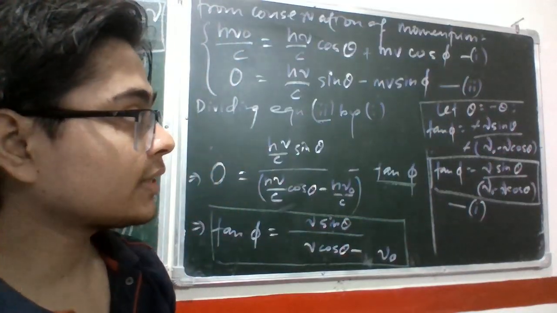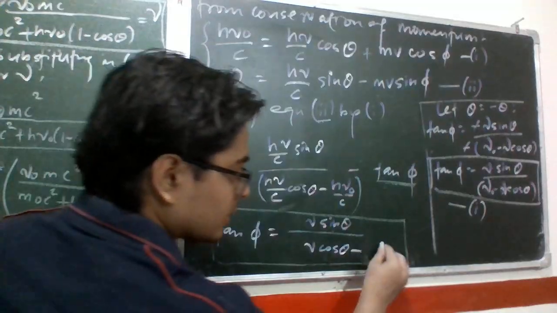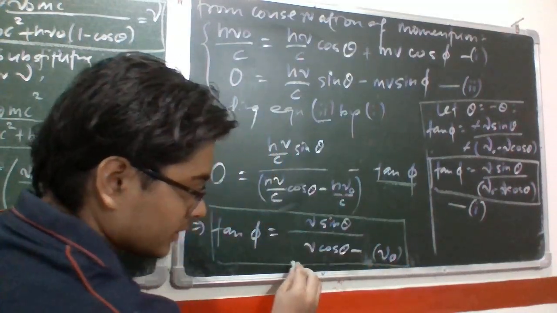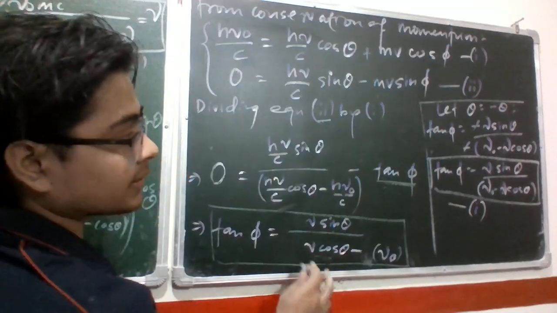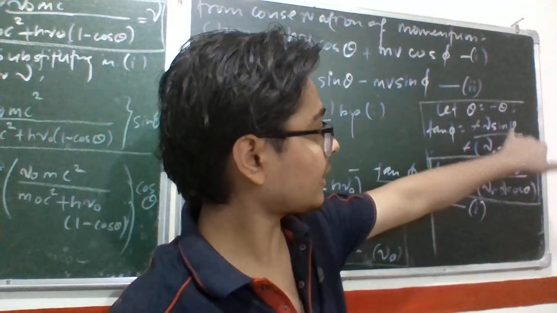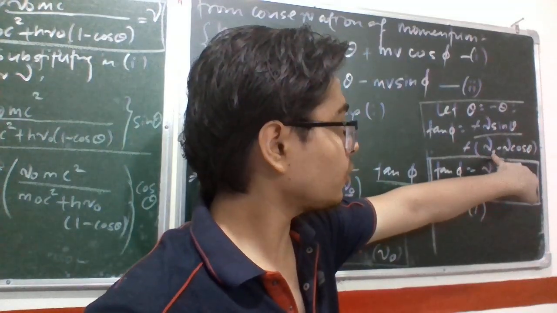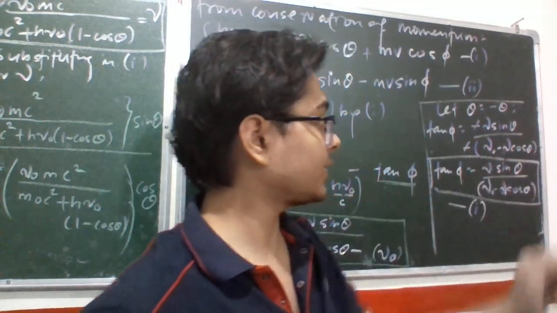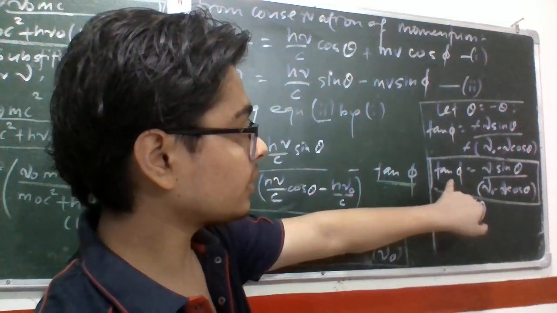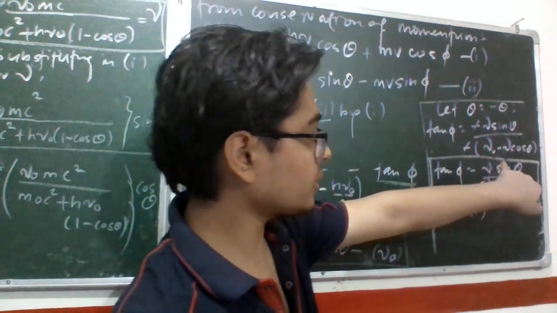I chose theta to be minus theta, and when I do that, this thing in front of it is plus and this thing is a minus. I did this just to make nu naught positive and nu cos theta negative. So I would be left with tan phi equals this expression.